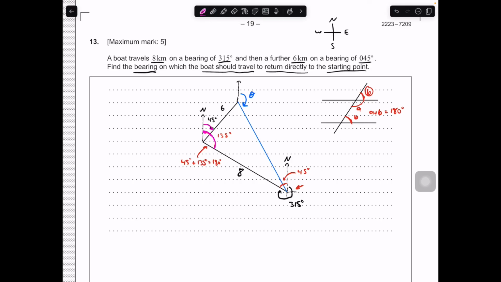But if we're just sweeping up to this point right here, I know I'm using a lot of colors here, we've swept some value. 135 less 45 is how much we've swept. We haven't swept the whole 135, we've swept almost 135, but 45 less than that.